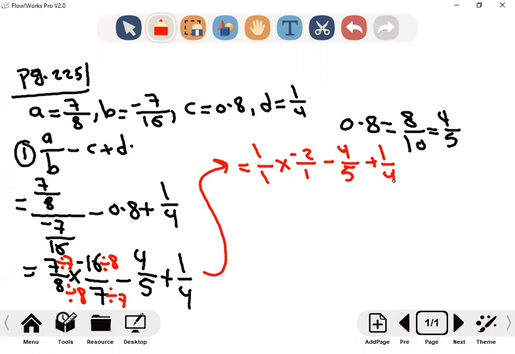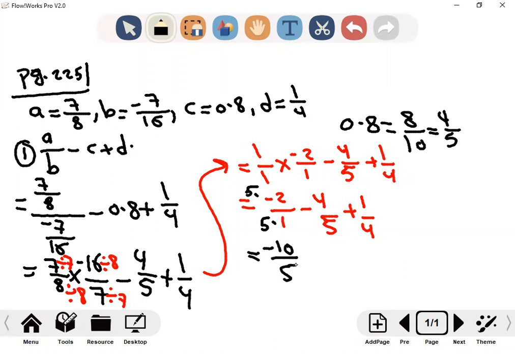Let's multiply first, then subtract, then add. Negative 2 over 1, how do we make it 5? Up and down I multiply by 5. Now negative 10 over 5 minus 4 over 5.